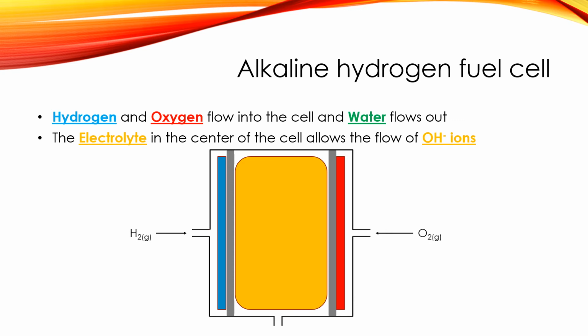We have our hydrogen and oxygen flowing into the cell, with the hydrogen at the anode and the oxygen at the cathode. We then have water coming out, and we have OH- ions traveling through the electrolyte from the cathode to the anode.